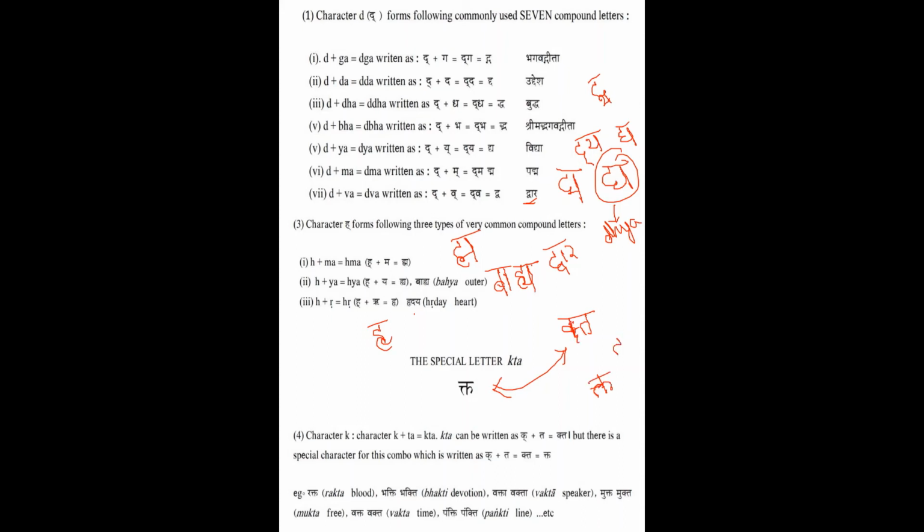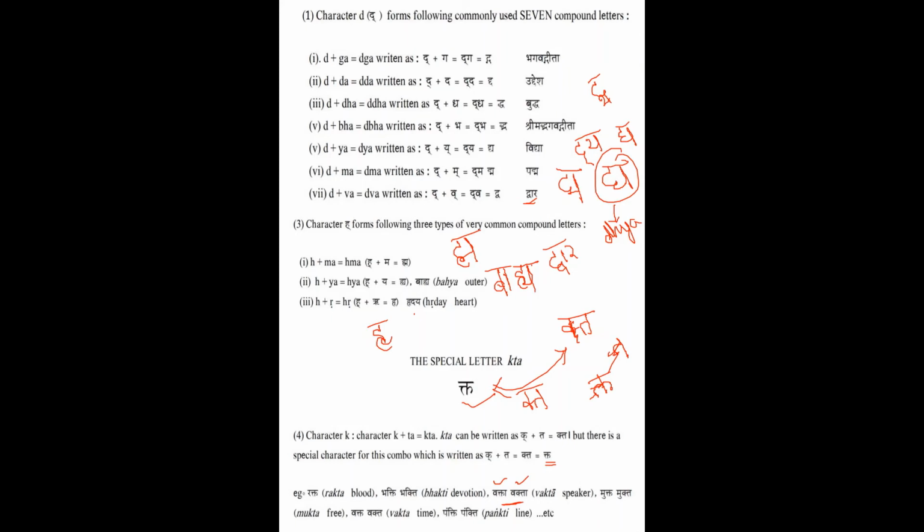Bhakt, this is kta. Normally you can write like this. For reading, if you see this letter, it means kta, as in Vakta. You can write this way or this way, both are the same. While writing it is not a problem, but while reading you should know. This is also ta only.